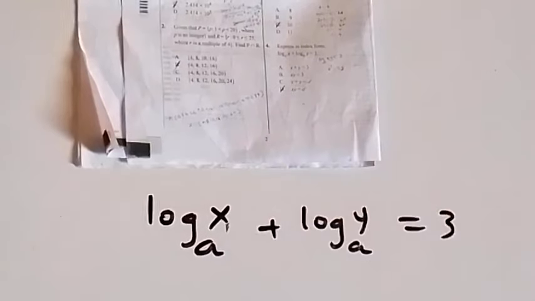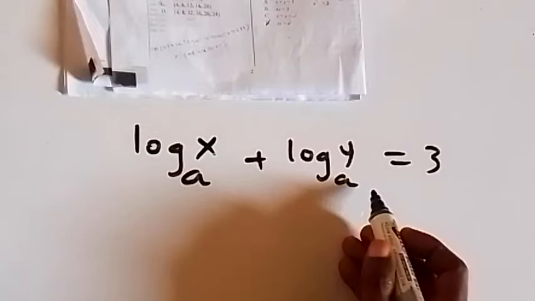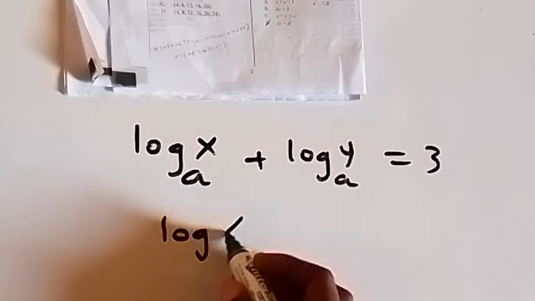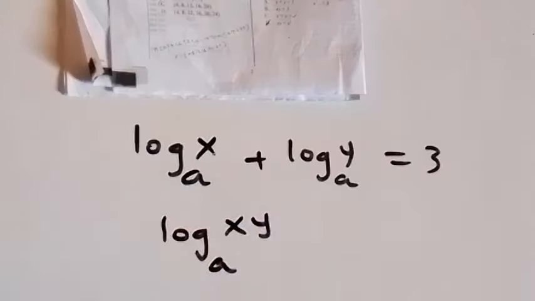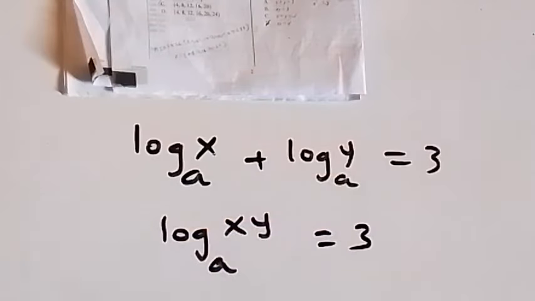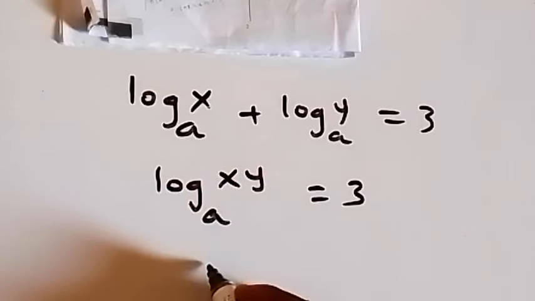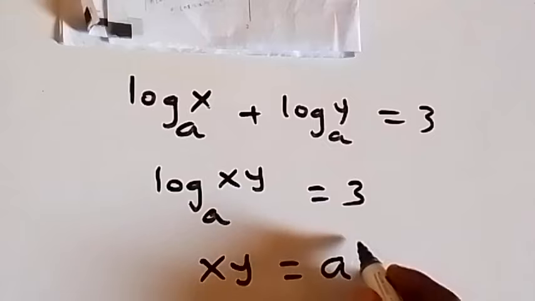From the law of logarithms, we can bring this together first as a single log. This will now be log xy base a, since the sum of two logs is the log of the product, equals 3. This can be written in index form, which the question asks us to do. And this xy will then be equal to a raised to power 3.